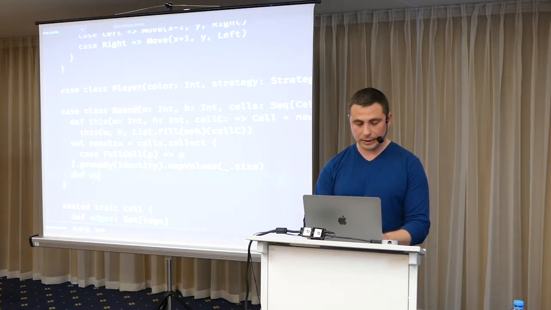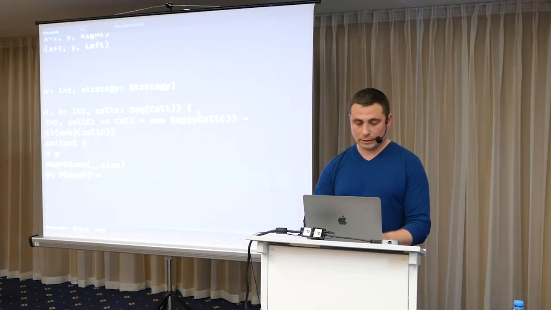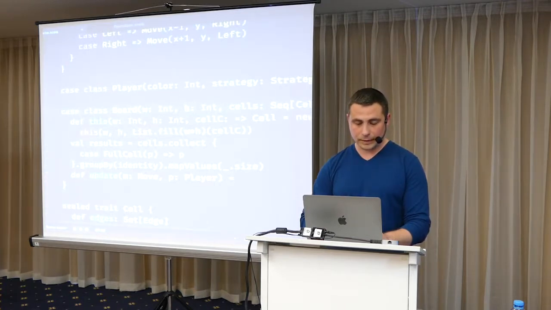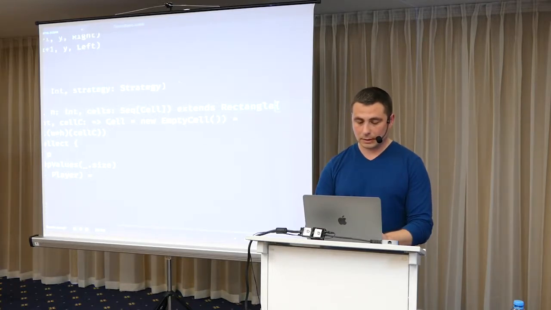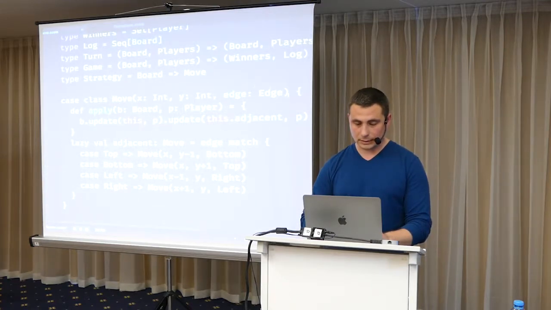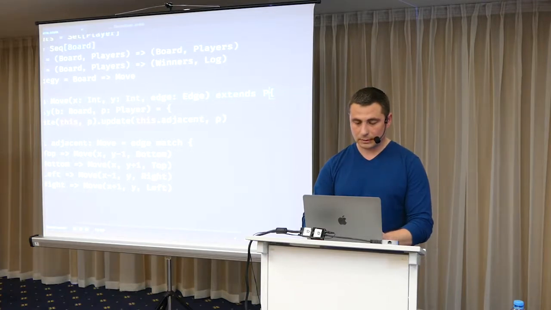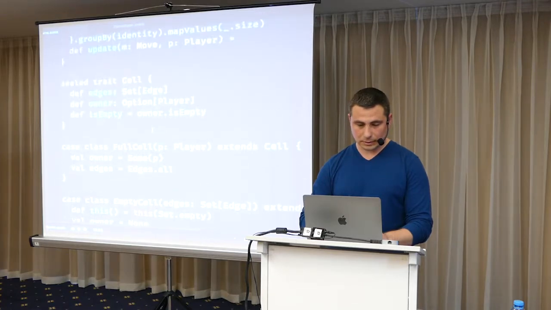We now need to define an update, and for this we need a move and a player. And yeah, that will be a little bit complicated because we need to know if the move is correct or not. So let's just say that the board is a rectangle of cells. And the move is a point in this rectangle. So now we can operate with them easily.